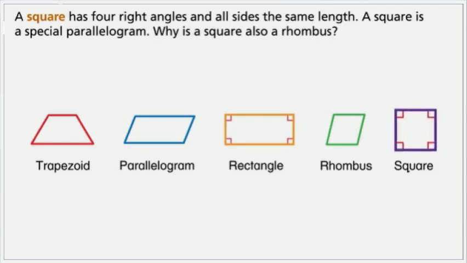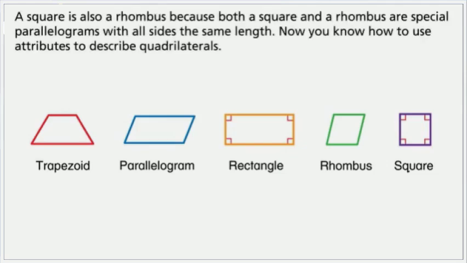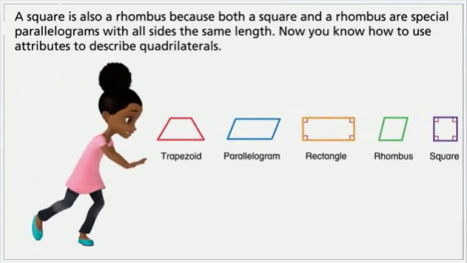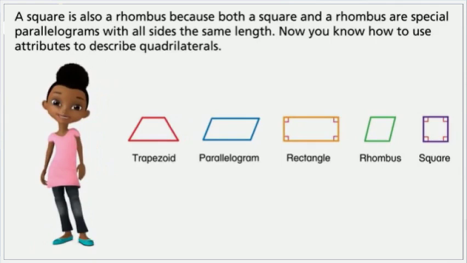A square is a special parallelogram. Why is a square also a rhombus? A square is also a rhombus because both a square and a rhombus are special parallelograms with all sides the same length. Now you know how to use attributes to describe quadrilaterals.